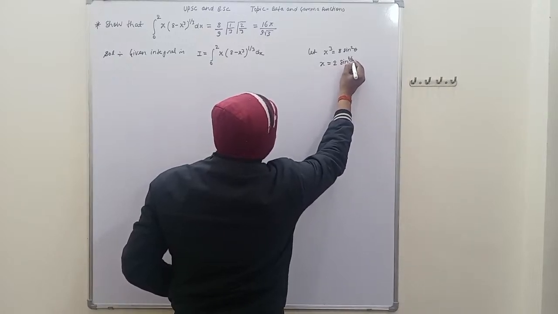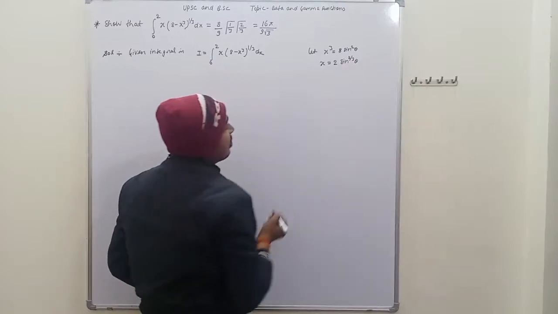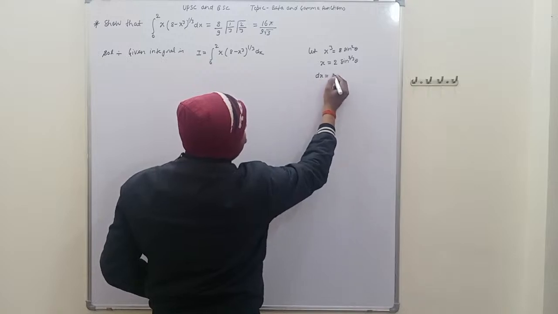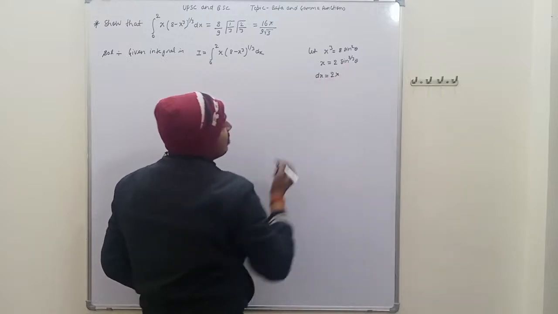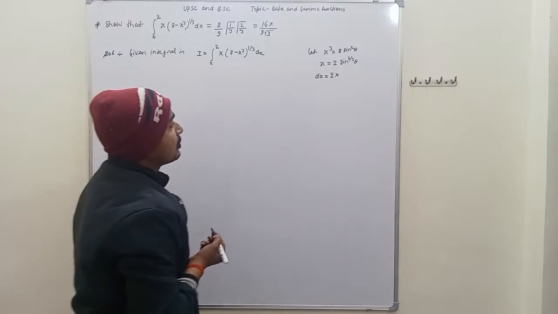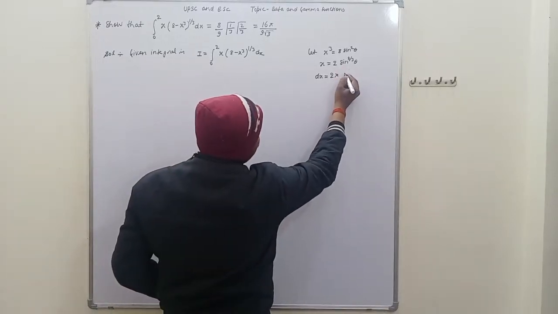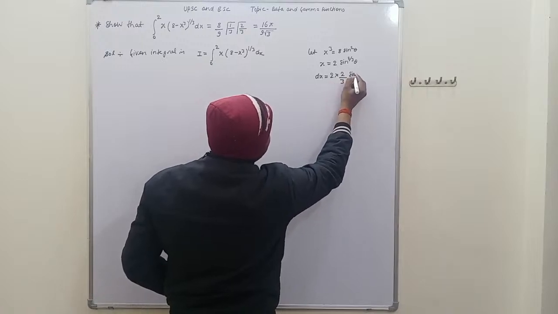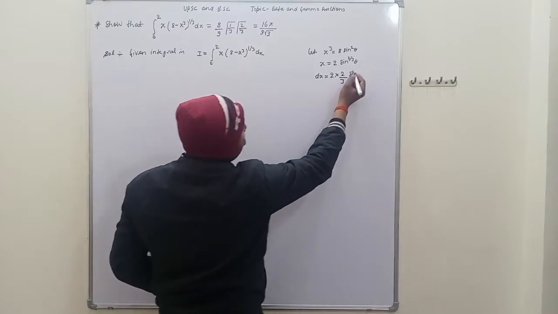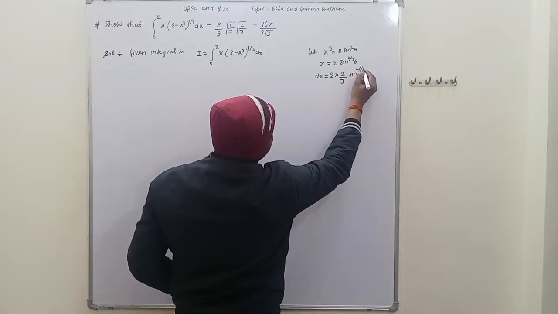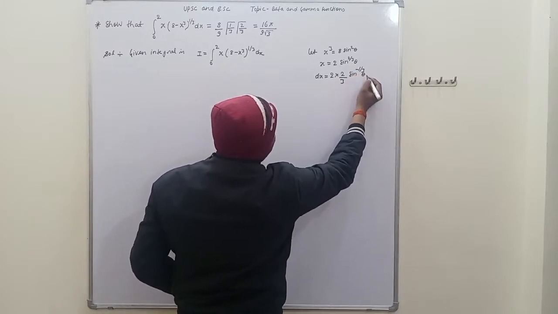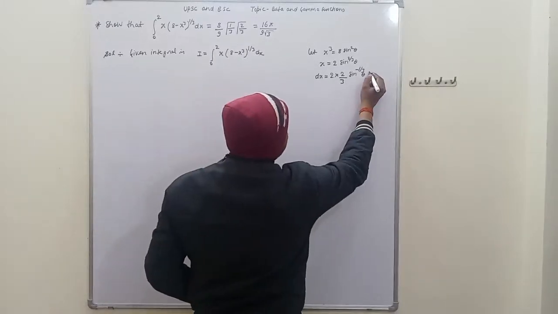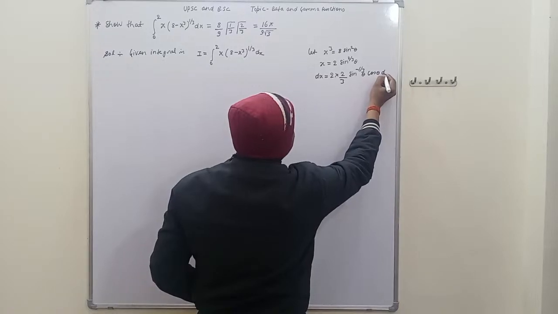sin to the power 2 by 3 of theta, and further we have to find dx. That is dx is equal to 2 into differentiating sin to the power 2 by 3 theta with respect to theta, this is 2 by 3 and sin to the power minus 1 by 3 theta, and again sin theta differentiating with respect to theta is cos theta d theta.